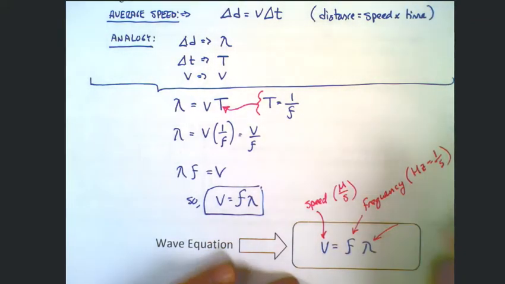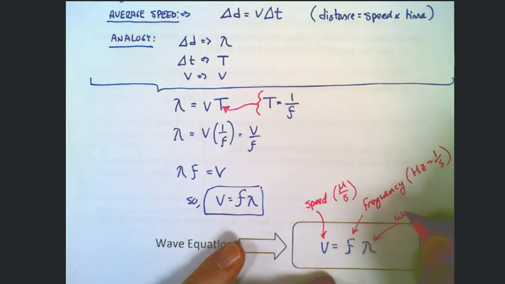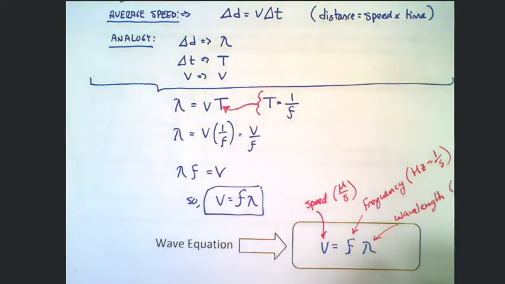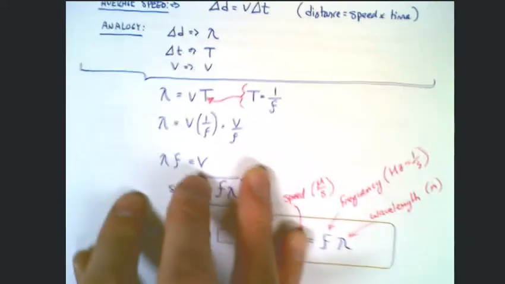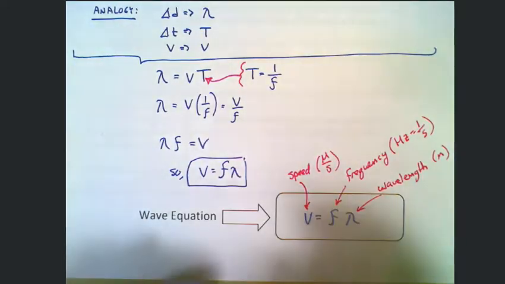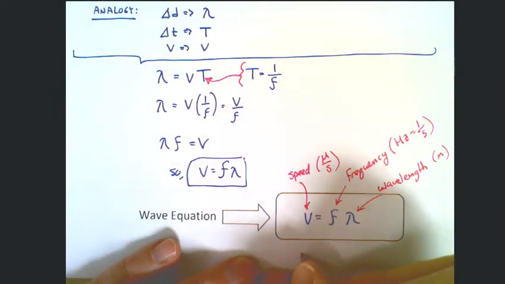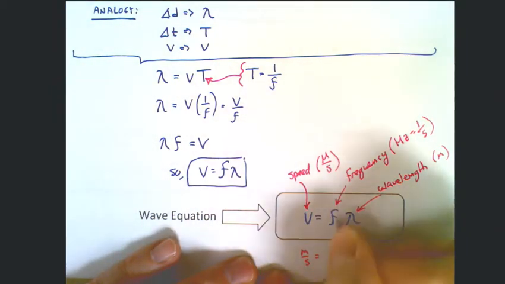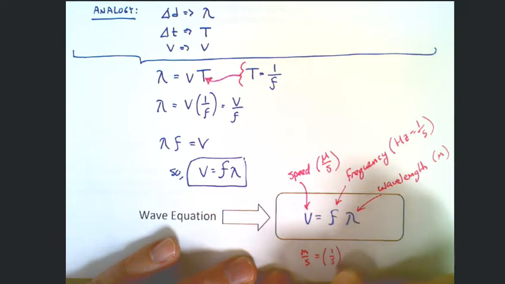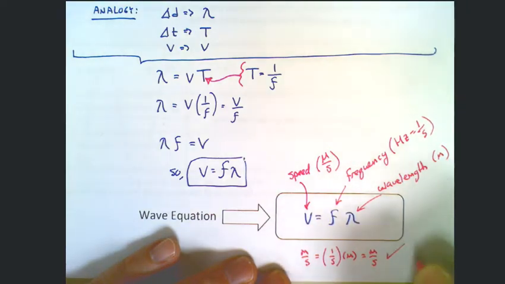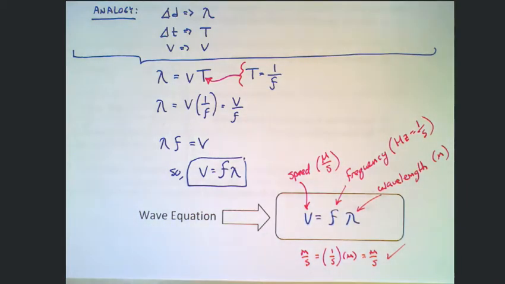And lambda is the wavelength, and that's measured in meters. If you look at the unit analysis, everything works out nicely. On the left hand side we have meters per second equals frequency, 1 over seconds, times meters, which is meters per second. So the units check out perfectly.